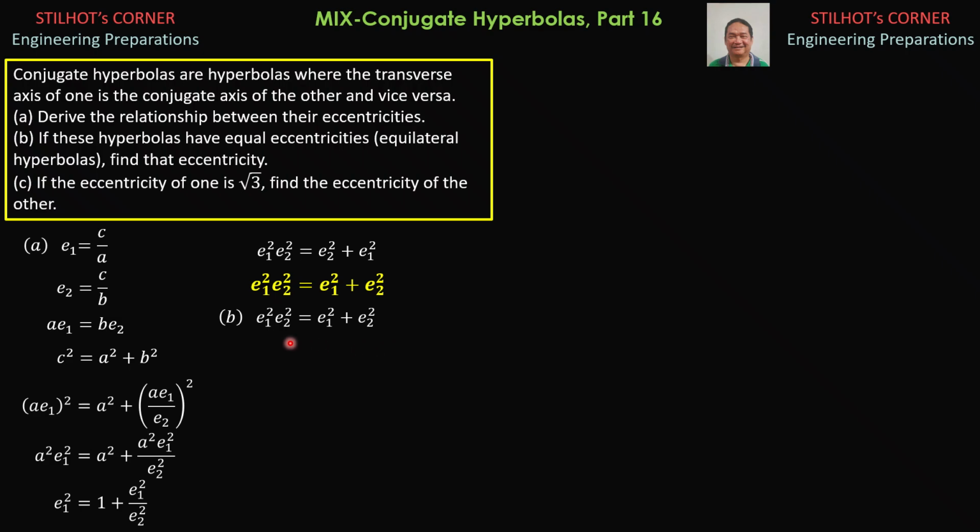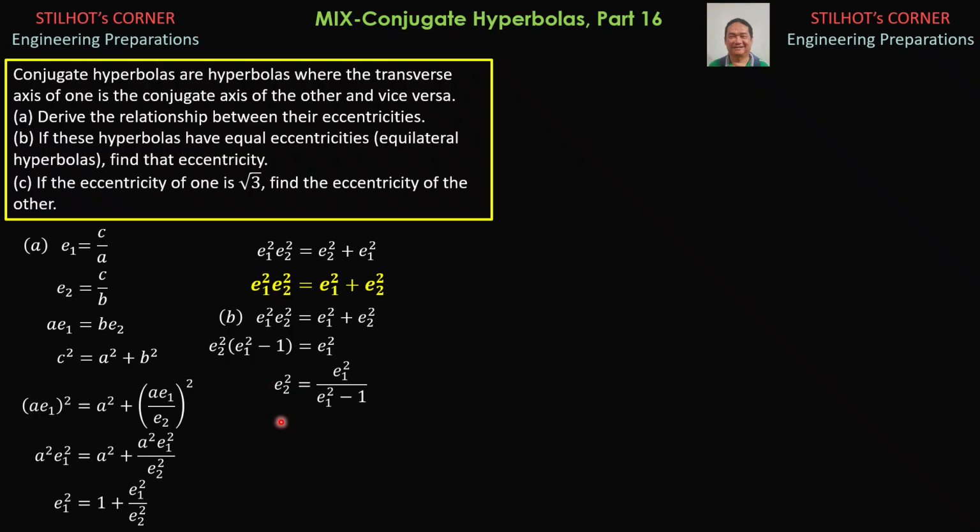We want to derive a formula for the eccentricity of the other in terms of the eccentricity of the first. So we factor out E sub 2 squared, then we have E sub 2 squared times quantity E sub 1 squared minus 1 equals E sub 1 squared. Then E sub 2 squared equals E sub 1 squared over quantity E1 squared minus 1.